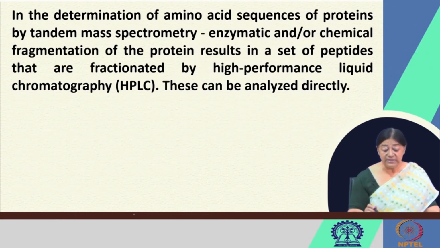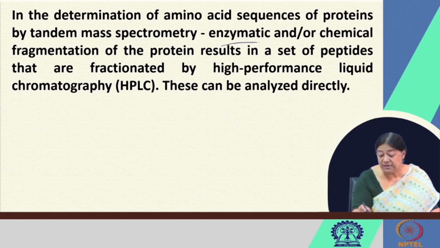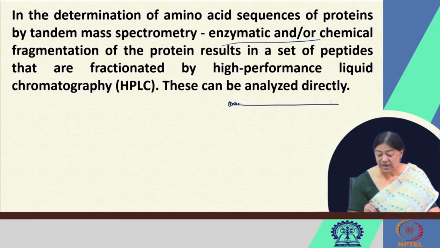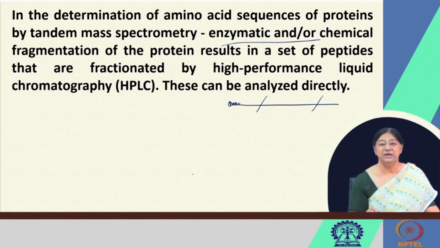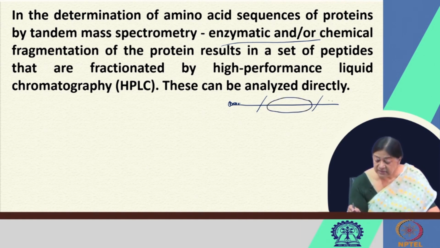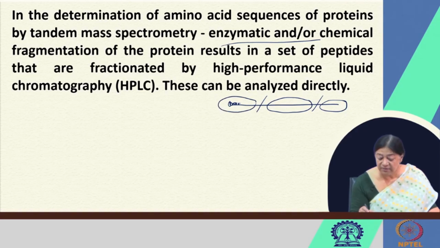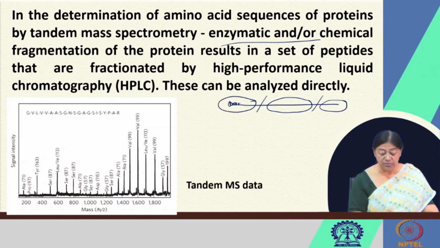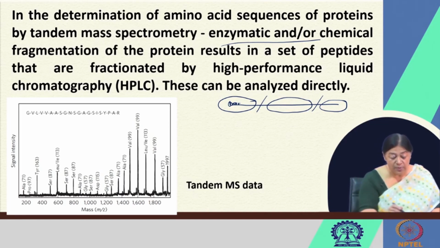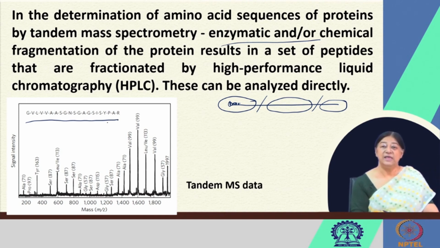Similarly, if we look at tandem mass spectrometry, we have enzyme and chemical fragmentation, which means that if we have a sequence of amino acids, we can break it off enzymatically, and then we analyze the different fragments that we have, and this analysis can be done through tandem mass spectrometry, where we can look at a specific sequence of the polypeptide chain, and that is extremely important in an understanding of the primary structure of the protein.